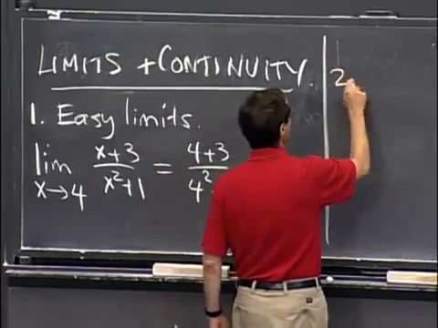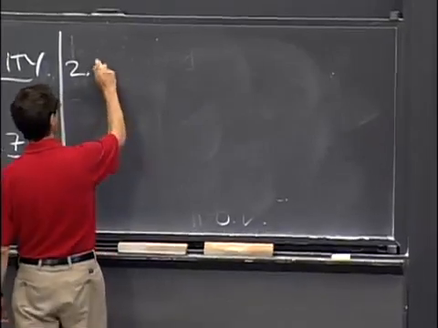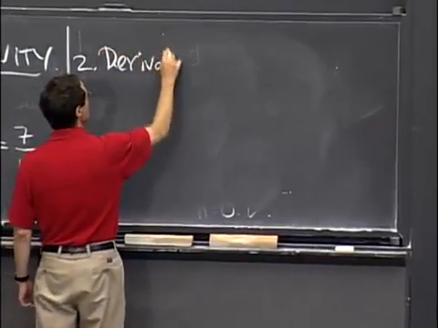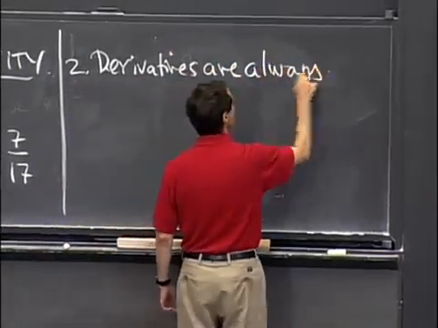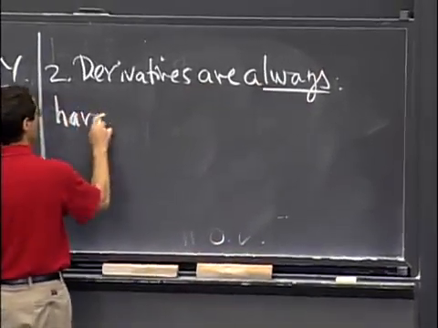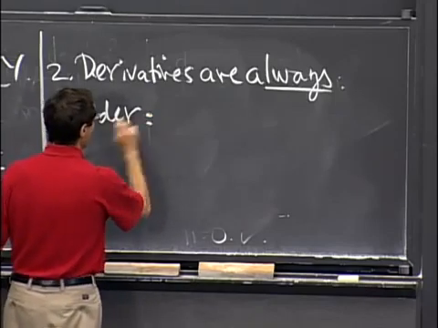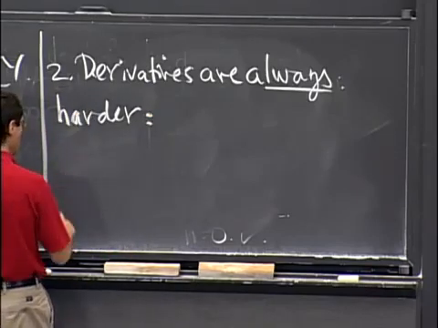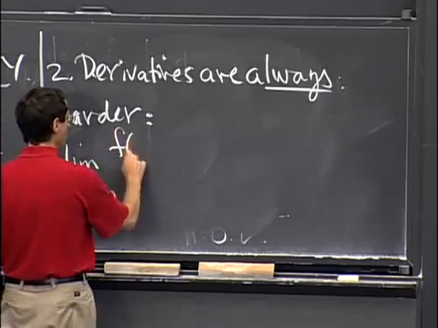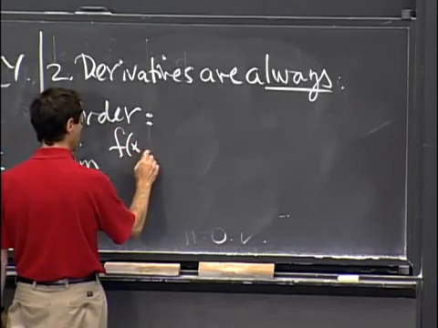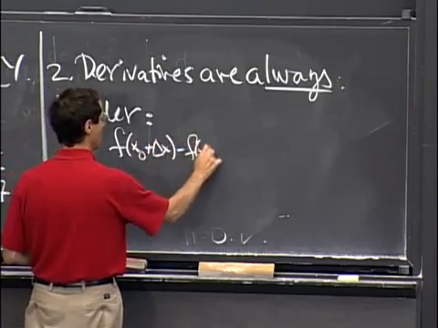The second kind of limit, well, this isn't the only second kind of limit, but I just want to point this out. It's very important that derivatives are always harder than this. You can't get away with nothing here. Why is that? When you take a derivative, you're taking the limit as x goes to x0 of f of x, well, let's write it all out in all its glory.